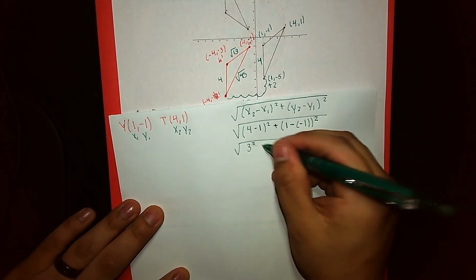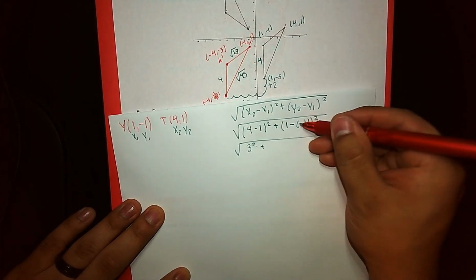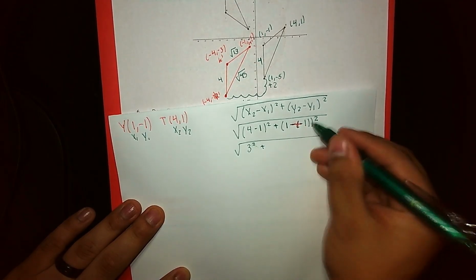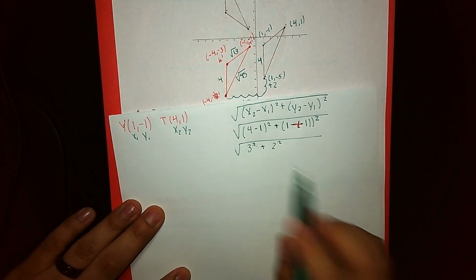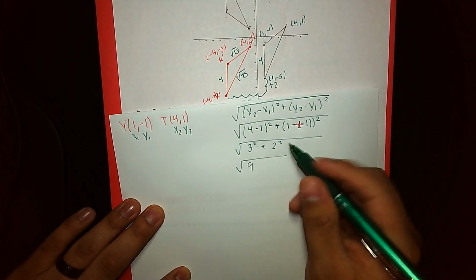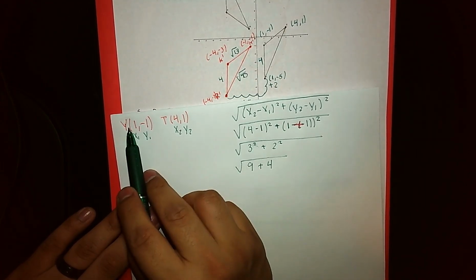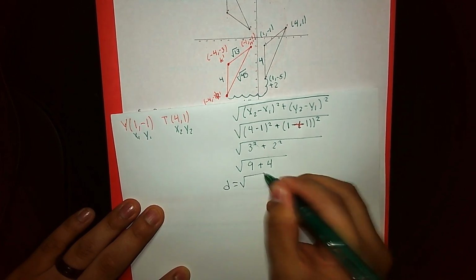Plus 1 minus negative 1 is the same thing as 1 plus 1, which is 2, so we get 2 squared. We know 3 squared is 9, and 2 squared is 4, so plus 4. So the distance from Y to T is the square root of 13.